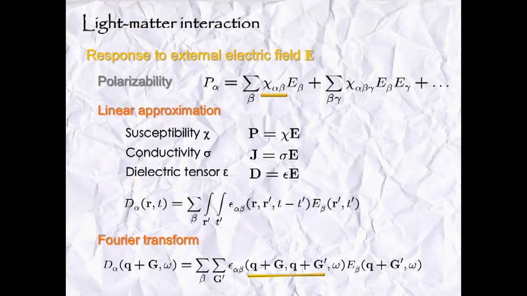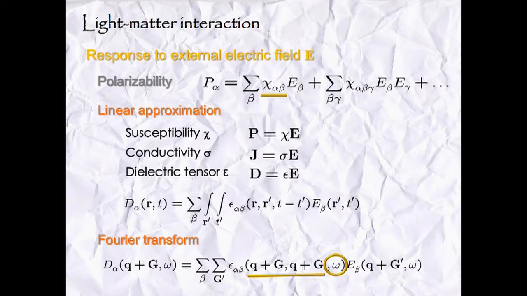If you think about that, you can expand the density and the potential in terms of a Fourier series. That would mean you disturb, so to say, one component of the potential, the G component, and you would see a reaction on the G' component in the density. Most important here, and this gets me back to the frequency dependence, the dielectric function depends on the frequency, and that way we can probe, as I said, optical, infrared, whatever frequency range we are interested in.